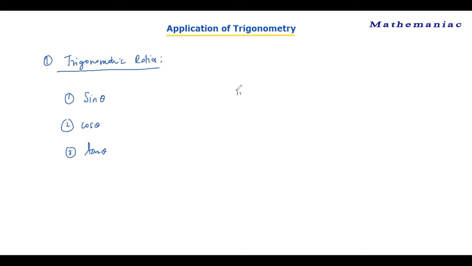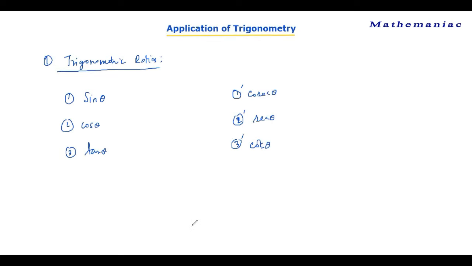And the reciprocal of sine, I am writing it as 1 dash, that is cosec theta. Number 2 dash, reciprocal of cos theta is sec theta. Number 3 dash, reciprocal of tan theta is cot theta.